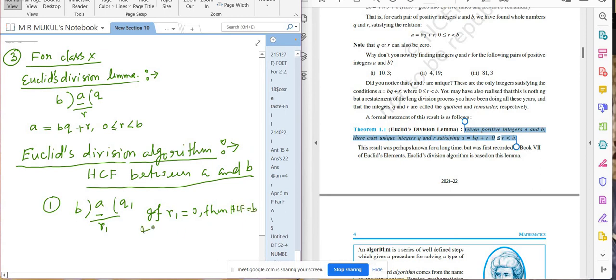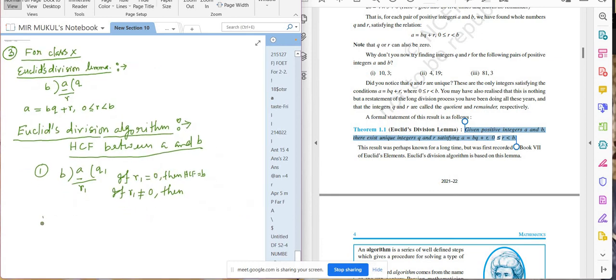If R1 not equals 0, then follow the next step. Then you will consider R1 as divisor and the previous divisor as dividend and again divide.